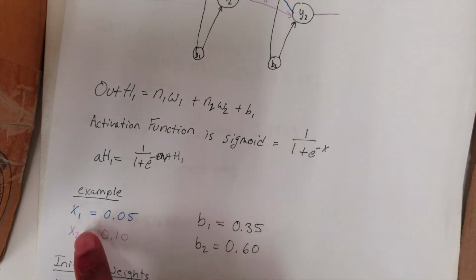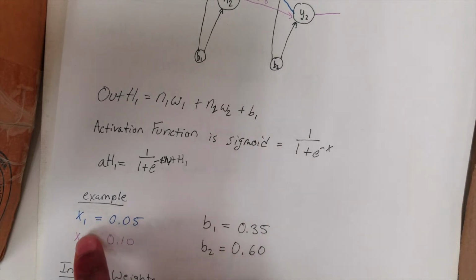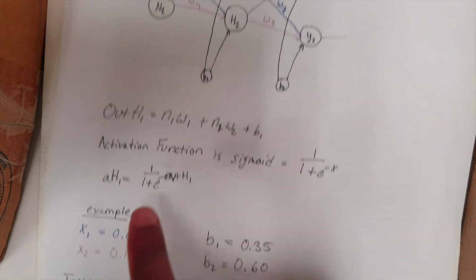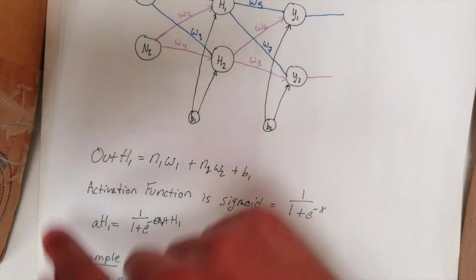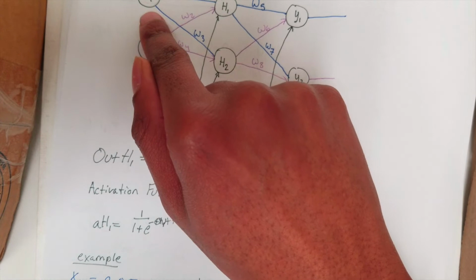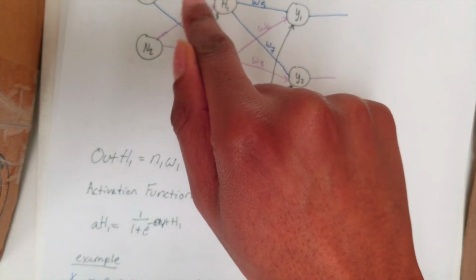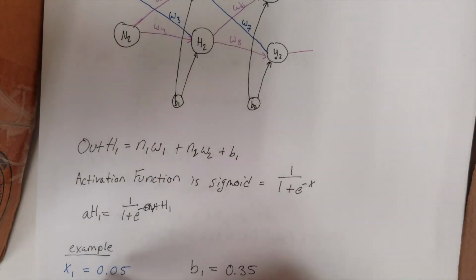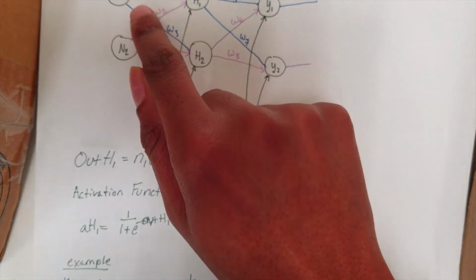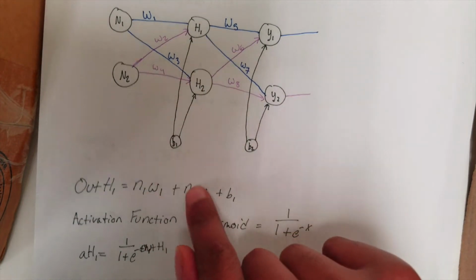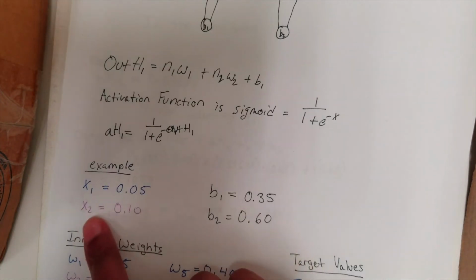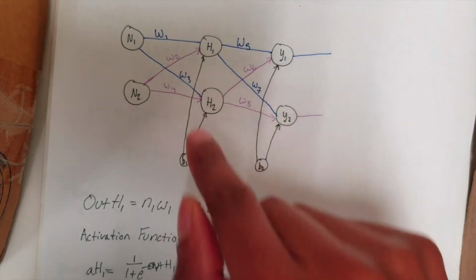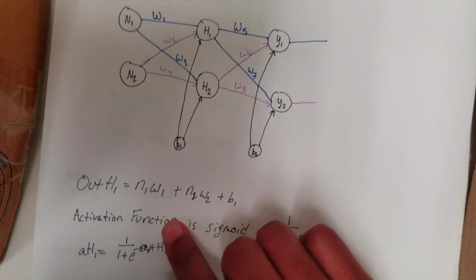We have two inputs, x1 and x2, with values 0.05 and 0.1. x1 is n1, which is why those lines are blue, and x2 is n2, which is why the lines for that one are purple. Other than that, the colors have no value.